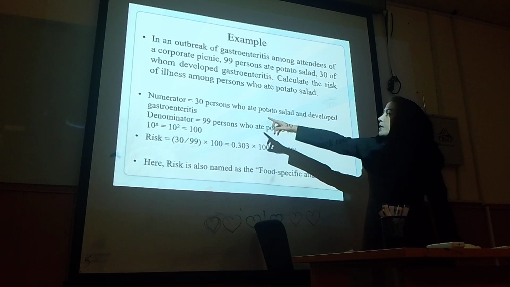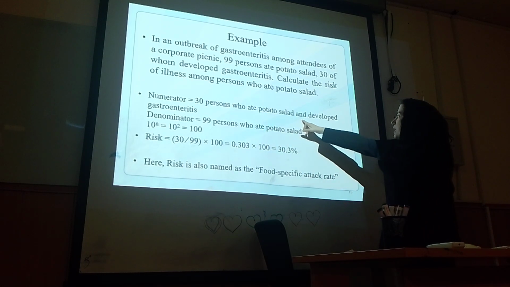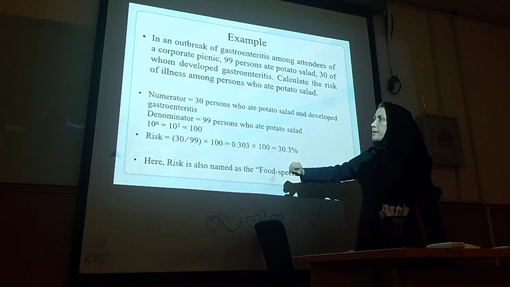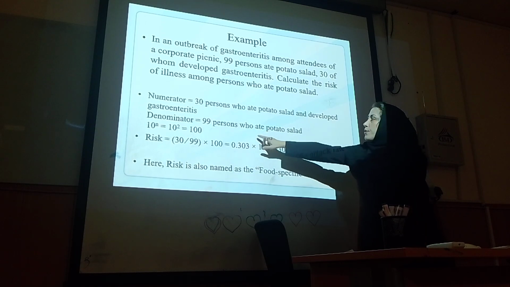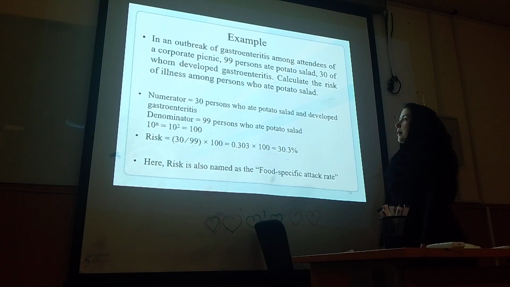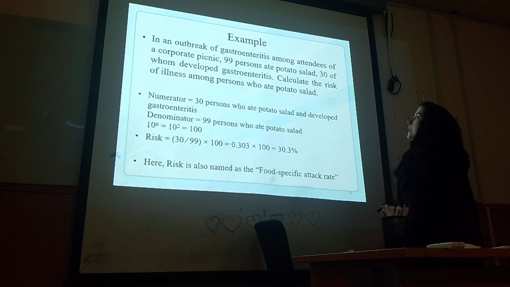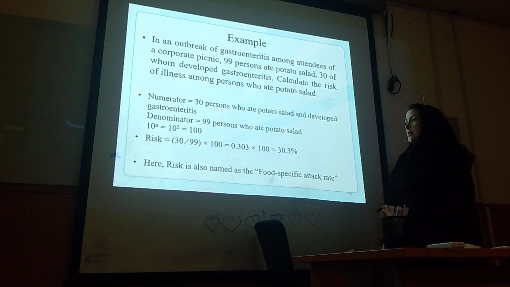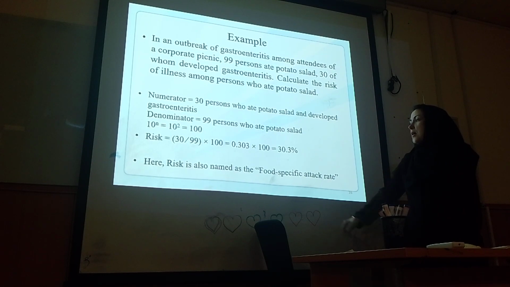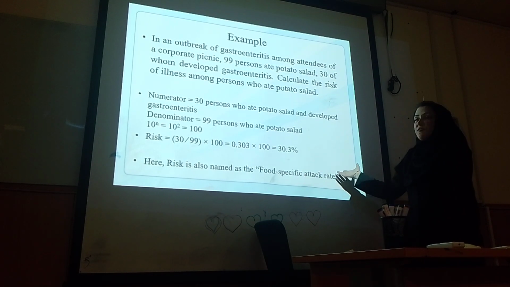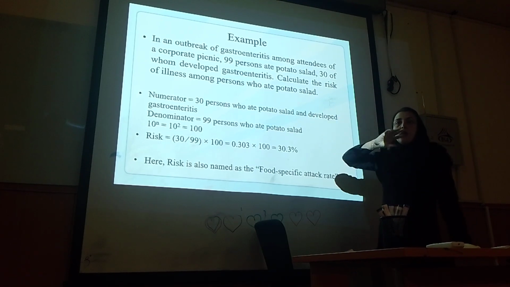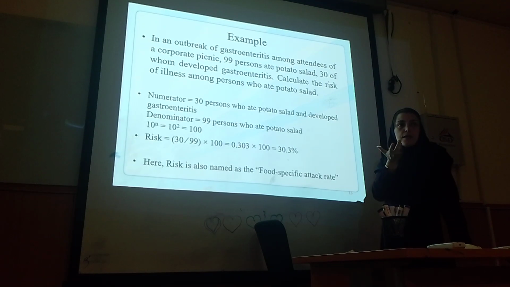Okay? The 3 persons who ate potato salad and developed gastroenteritis are the numerator, over the 99 persons who ate potato salad. It means 3%. It is a kind of food-specific attack rate because it is related to eating a specific kind of food.